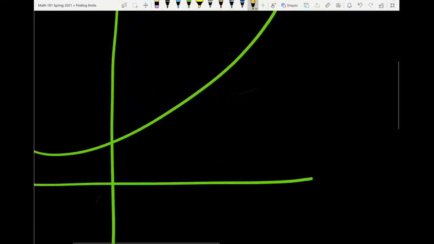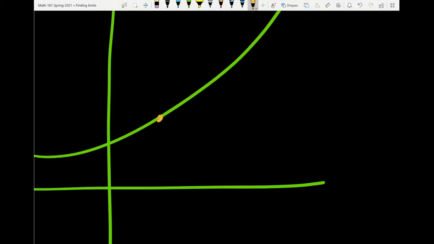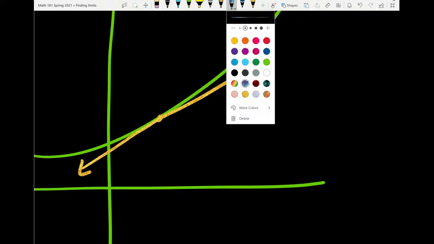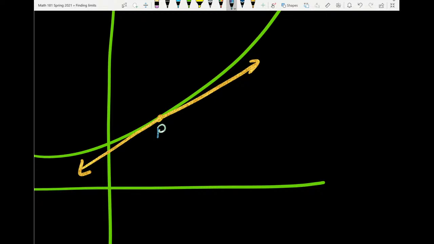If I draw a straight line right over here on the point P, this is the point P, and we're going to say this is the tangent line. This is the function y equals f of x.